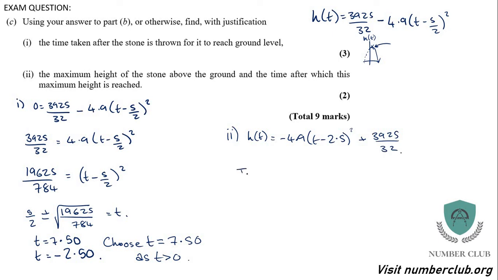So my turning point is equal to 2.5, that bit there, and positive, we don't really need that, 3925 over 32. So maximum height of 3925 over 32, it would make sense to give that as a decimal, so we've got 3925 divided by 32, which comes out as 122.66.